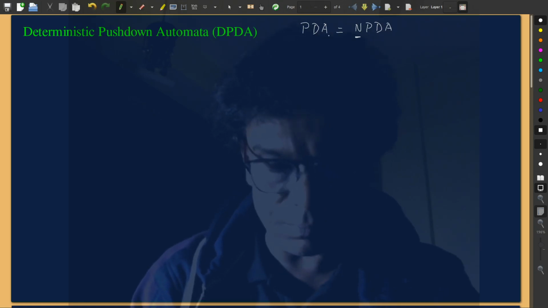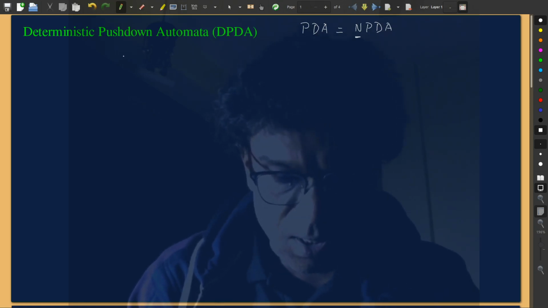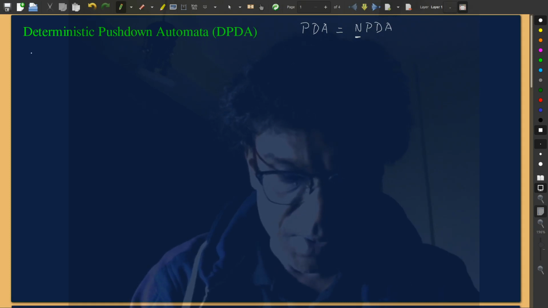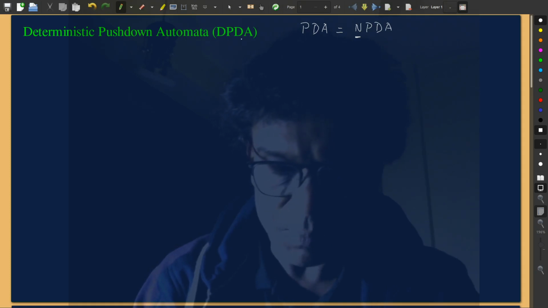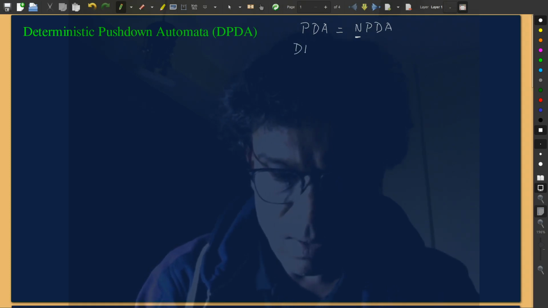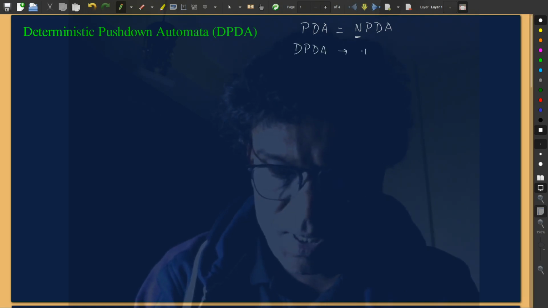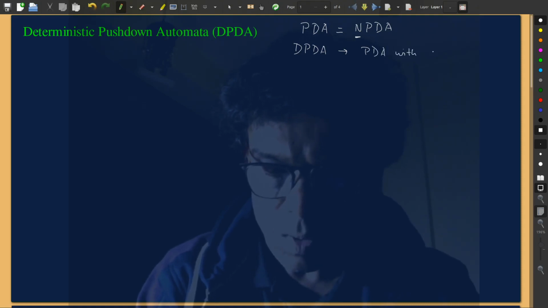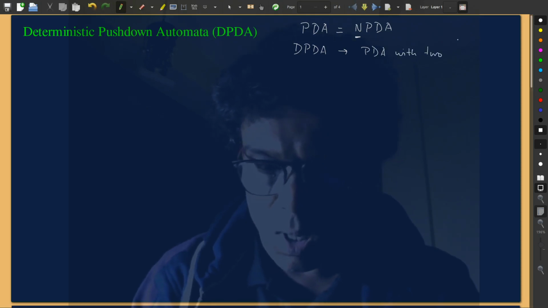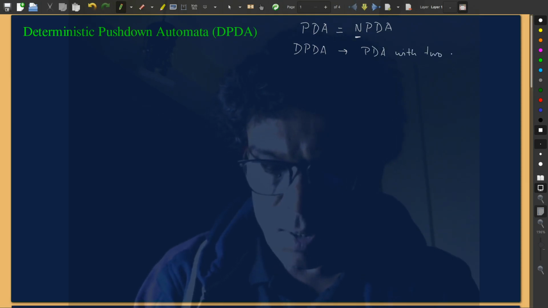Before giving you a formal definition of a DPDA, let me intuitively mention that a DPDA is nothing but a PDA with two restrictions.